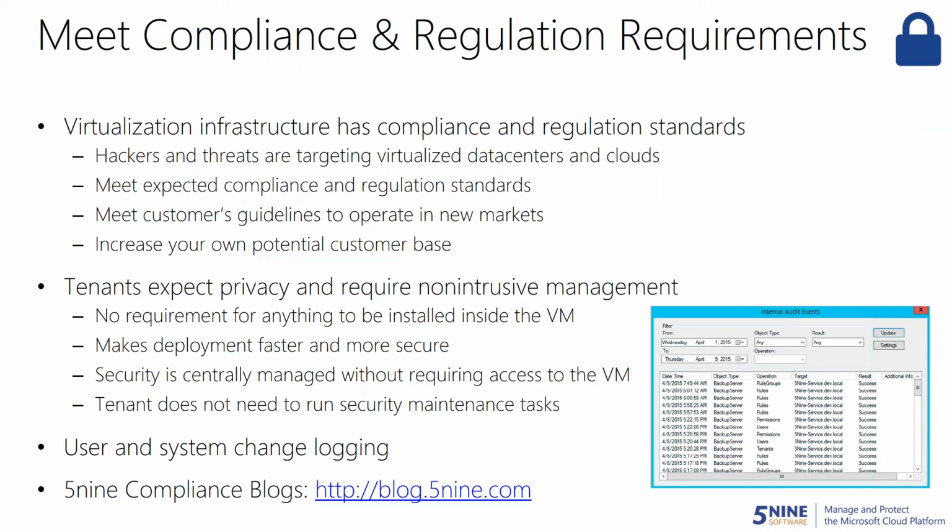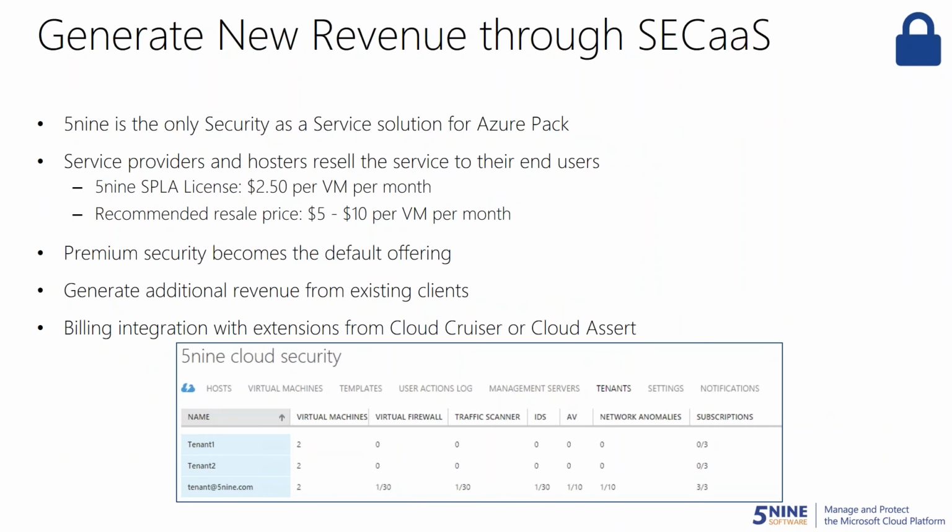But probably the biggest advantage that our customers are seeing through self-service is being able to generate new revenue through security as a service. Our licensing model for service providers charges $2.50 per VM per month, yet service providers are now essentially becoming resellers of this service to their customers. And we see our service providers charge $5, $10 a month.